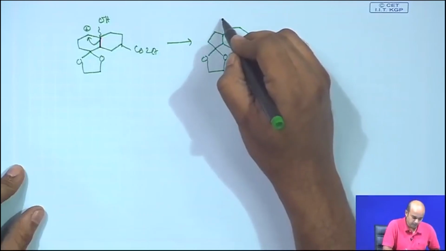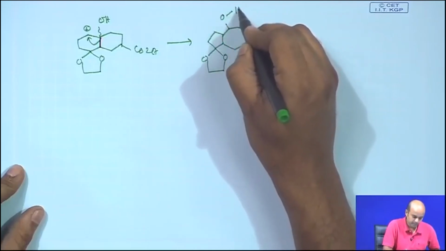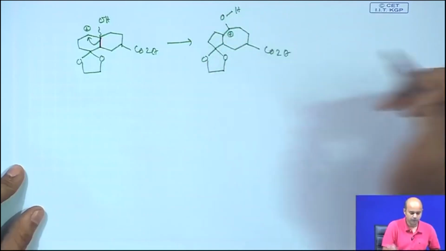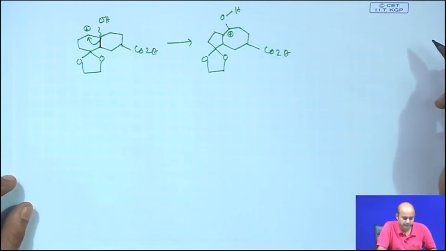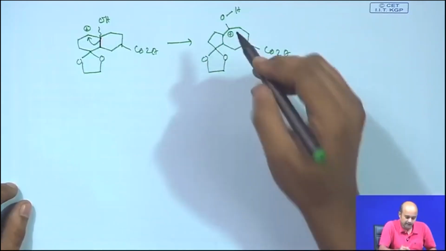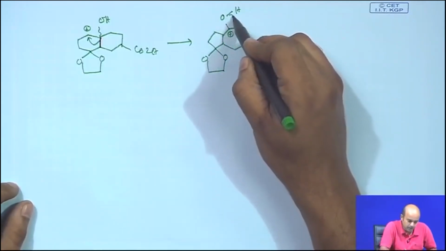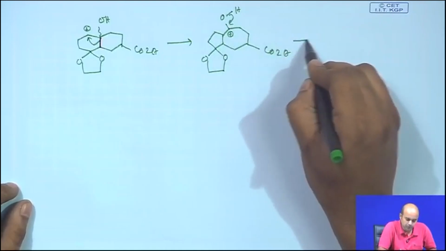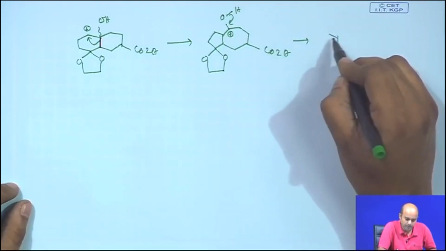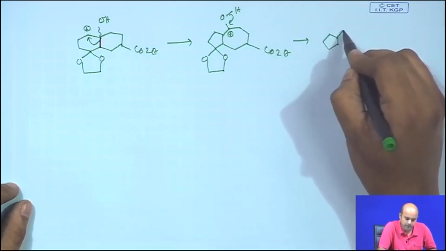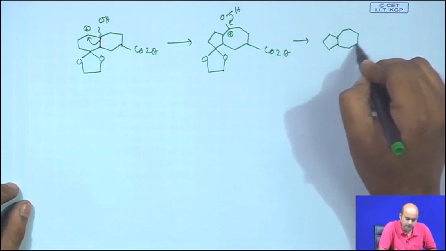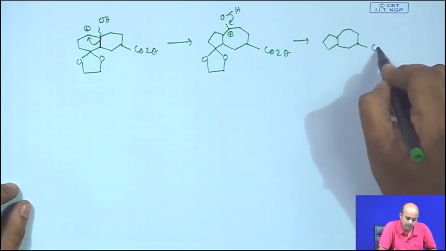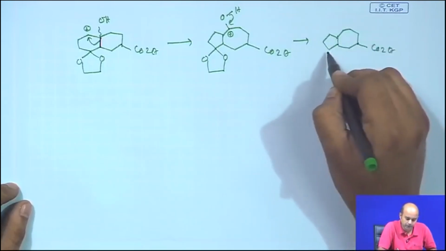Now, basically you will be having this carbonium ion, okay. And now, this carbonium ion will try to collapse to give you the 5-member and 7-member ring as the main product in this reaction.